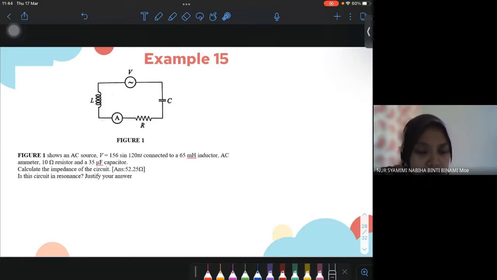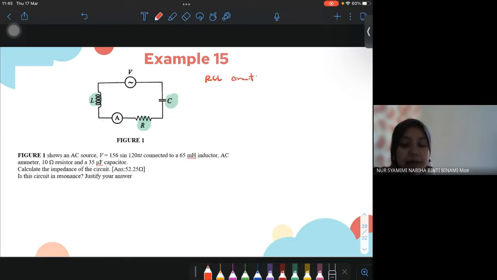So from here, example 15, we have a circuit given. From the circuit, kita tahu kita ada RCL, so it is an RCL circuit. Okay, apa lagi dia bagi dekat sini?